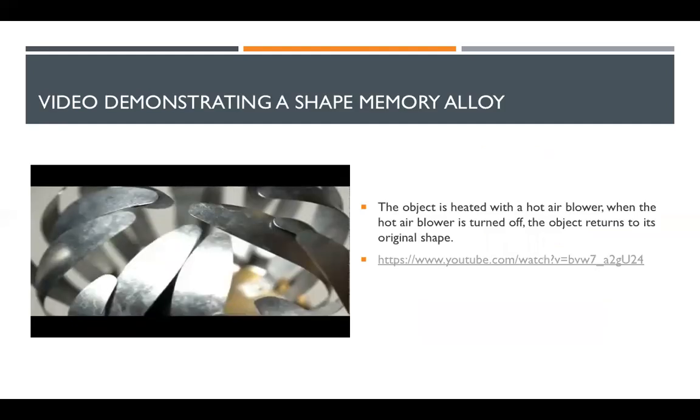Here is a video showing the shape memory effect in a shape memory alloy.